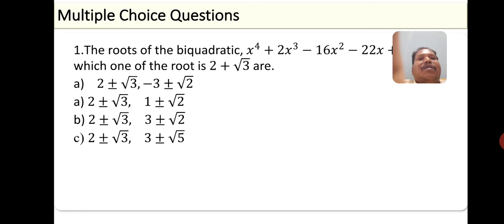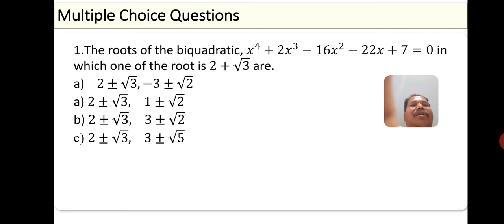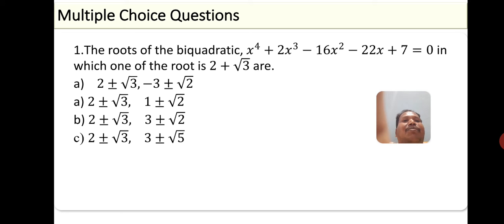So we will take some multiple choice questions related to the above concept. The first one, the roots of the biquadratic equation x power 4 plus etc equal to 0, in which one of the roots is 2 plus root 3.